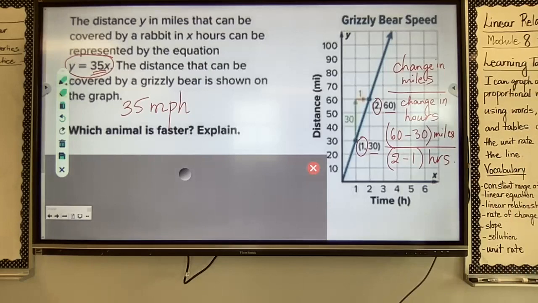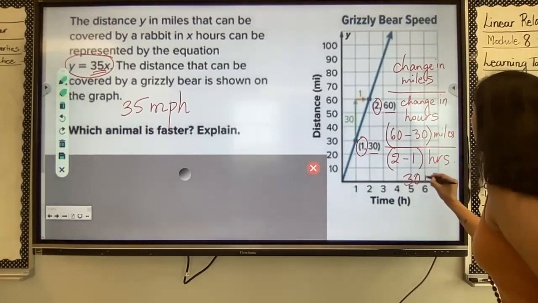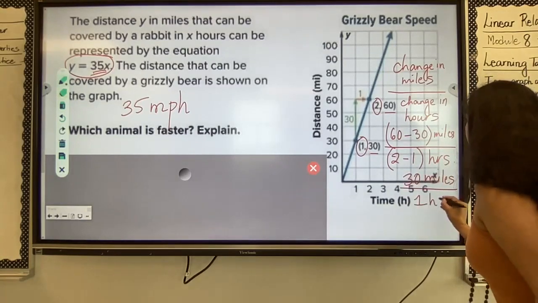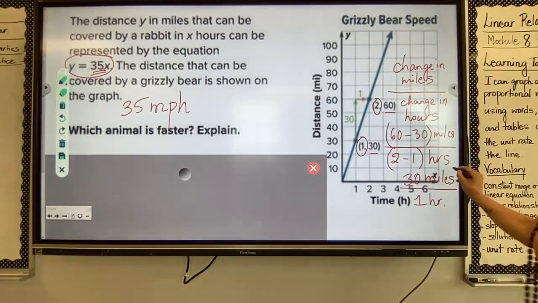And so what do I get? I get 30 miles in 1 hour. So this is my grizzly bear, 30 miles in 1 hour.